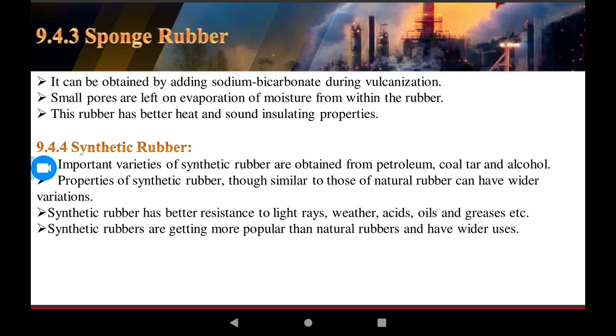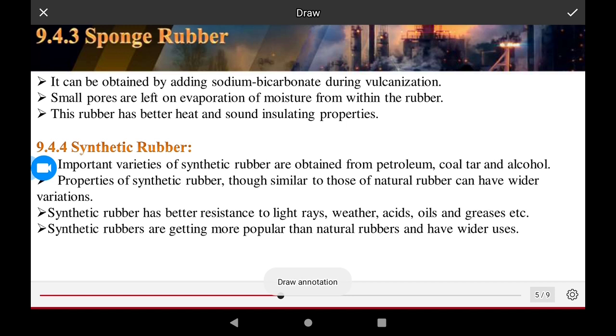Synthetic rubber has better resistance to light rays, weather, acids, oils and greases.